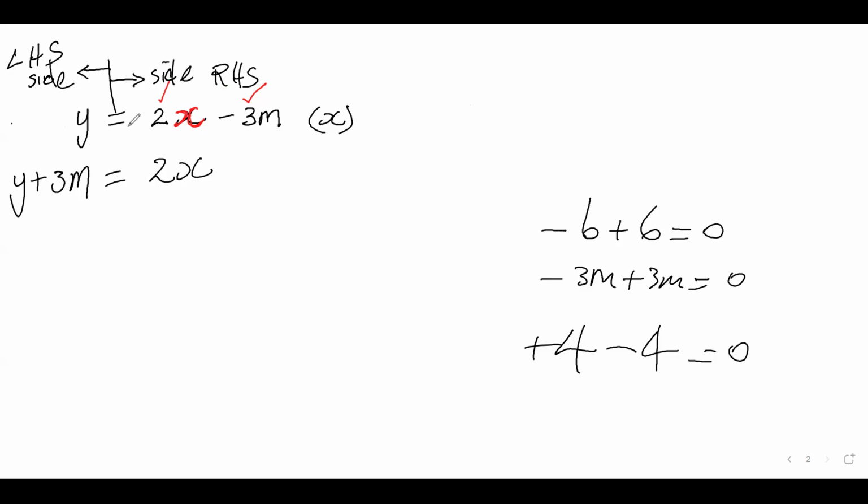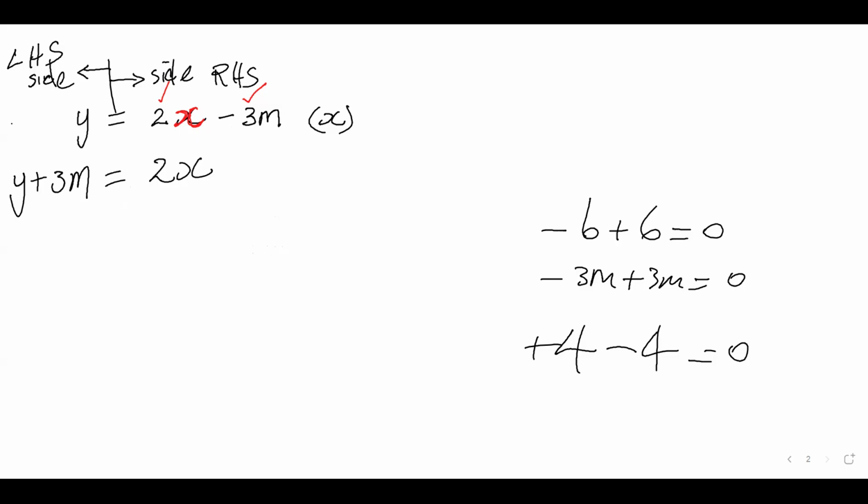So, our right hand side, our left hand side. Y plus 3m equals 2x. So what am I doing? Well, you said divide by 2. Why are you dividing by 2?